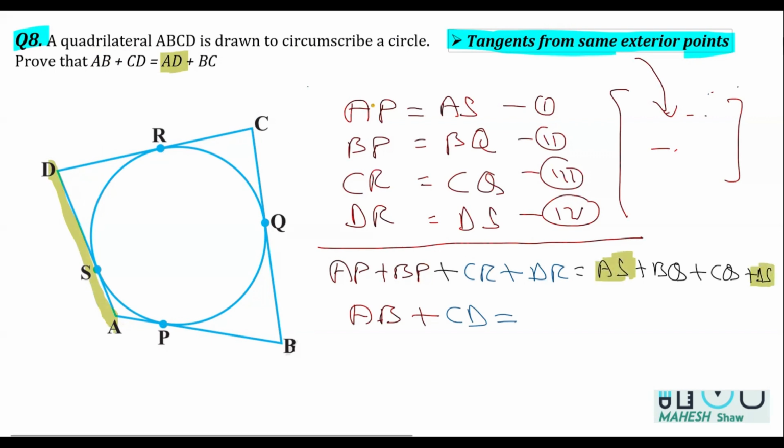So I can add them, right? AS plus DS, and we'll write it as AD. And similarly, if I write BQ plus CQ, what is BQ plus CQ? You can see BQ plus CQ is BC. So this is what we needed to prove here. Right? That's what we need to prove, and we have proved. Hence proved is what you can write here.